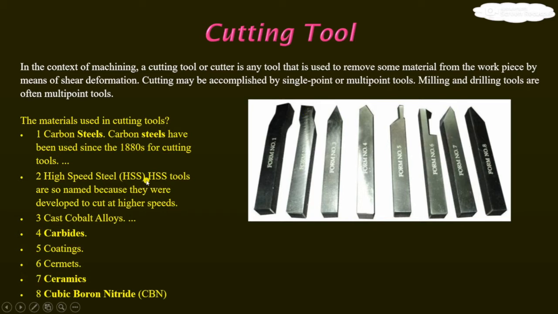But this high speed steel at elevated temperature also gives the hardness for cutting. Now the other materials widely used are cast cobalt alloy, various metallic carbides, and sometimes hard material coatings, ceramics, and cubic boron nitride.